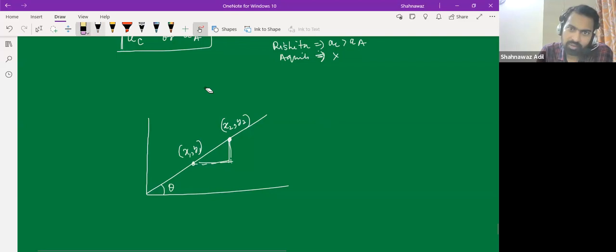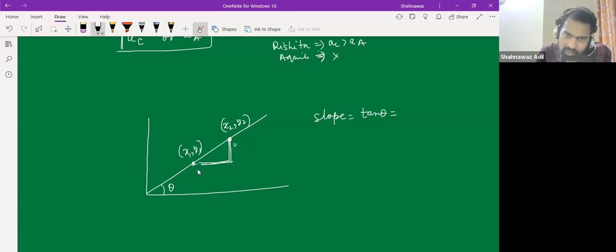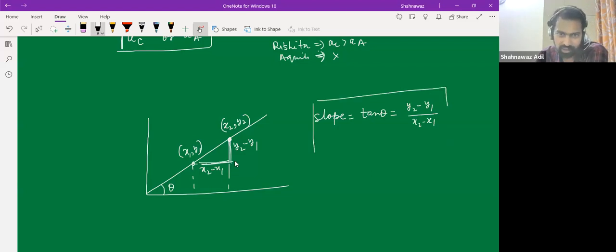So slope is equal to tan theta, which is equal to y2 minus y1 over x2 minus x1. So this slope is given by this, and this angle represents the slope.